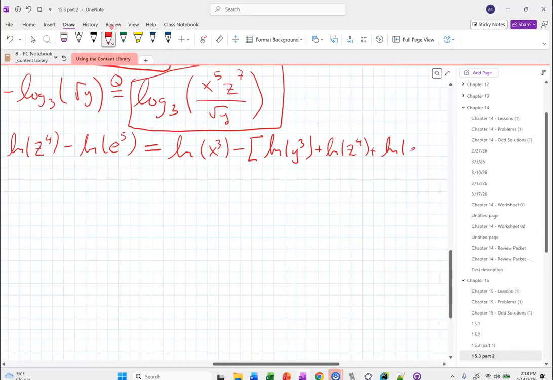And really now, there are 2 hidden product properties going on. Little tip for you, when you're condensing, you never want to use more than one quotient property. If you're tempted to do the quotient property more than once, there was some factoring that you could have done to do a product and then a quotient afterwards, which is the better way of doing it rather than having multiple quotients. You don't want to do that. You're not going to like the way your answer looks, and you're probably going to screw that up.